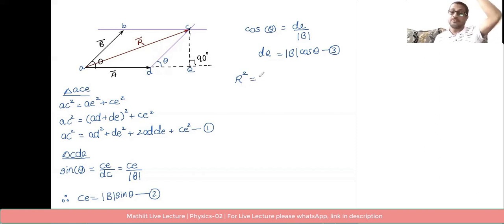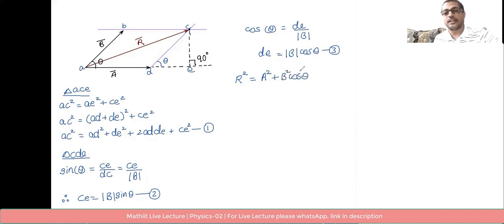What shall I write in place of AD square? From the diagram, AD square is just the magnitude of A, isn't it? Is it very difficult? So this is magnitude of A square. Then there is a DE square. DE from equation 3 is B cos theta.